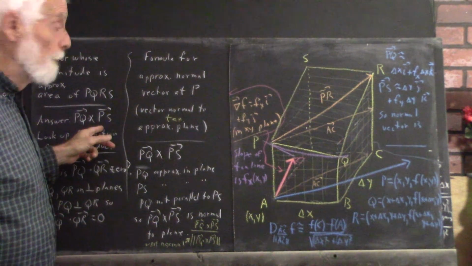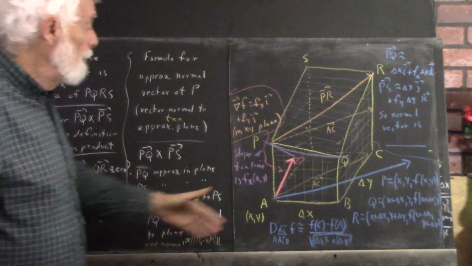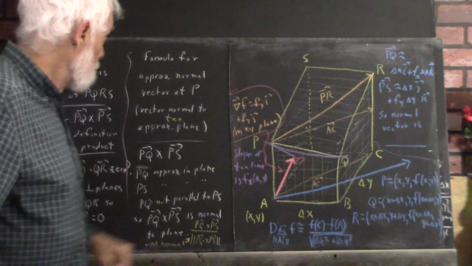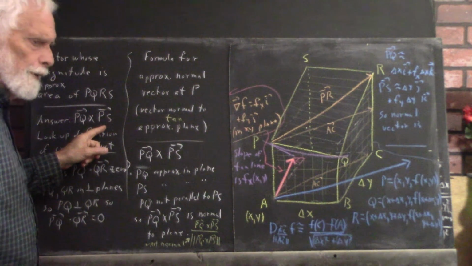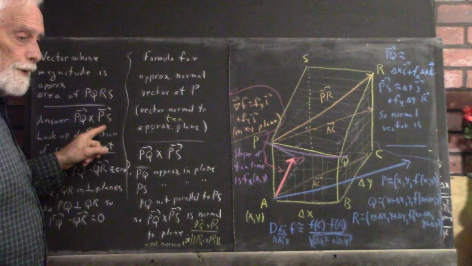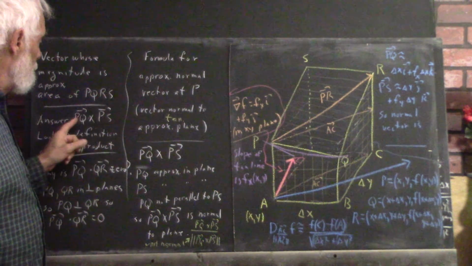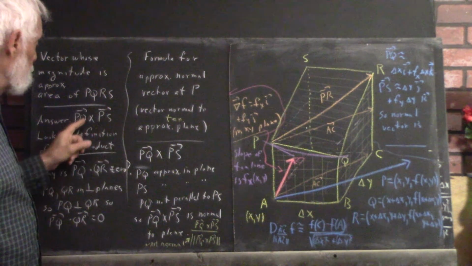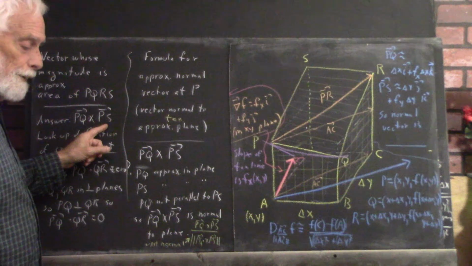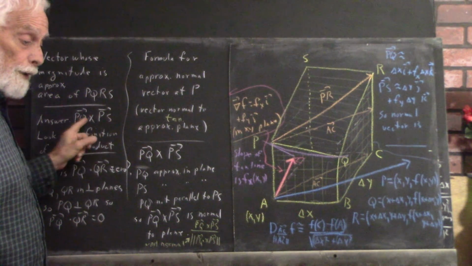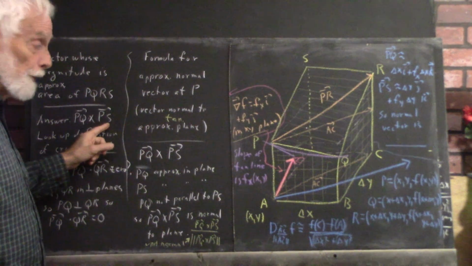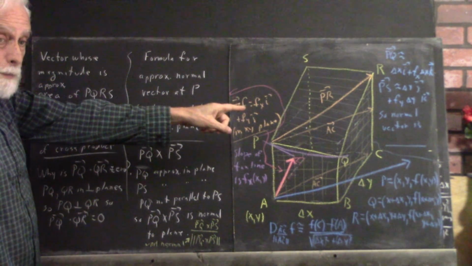PQ and PS are perpendicular because they lie in planes that are perpendicular to one another. So they form a rectangle. And the magnitude of PQ cross PS is the area of the parallelogram they form, and that parallelogram is a rectangle, and it is approximately this rectangle.